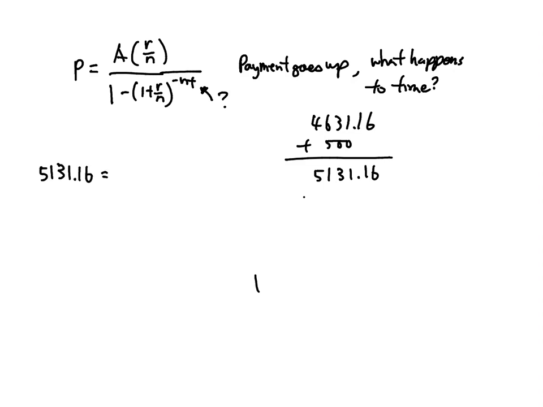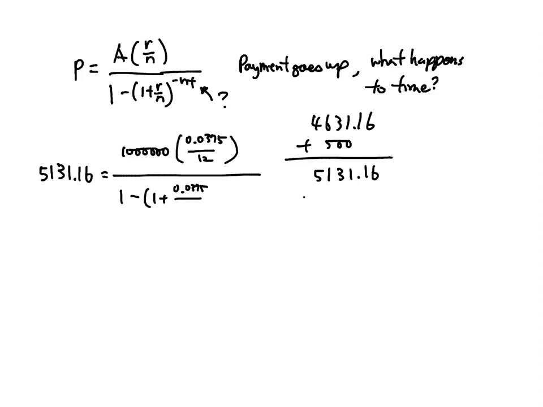Equal to 1,000,000 up here times 0.0375 divided by 12, over 1 minus 1 plus 0.0375 over 12 raised to the negative 12t.